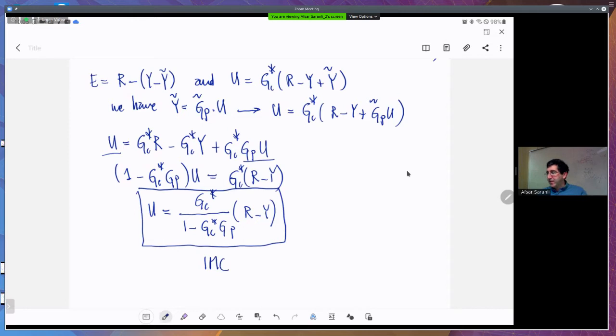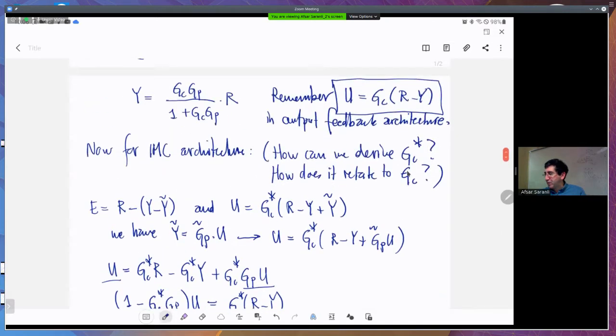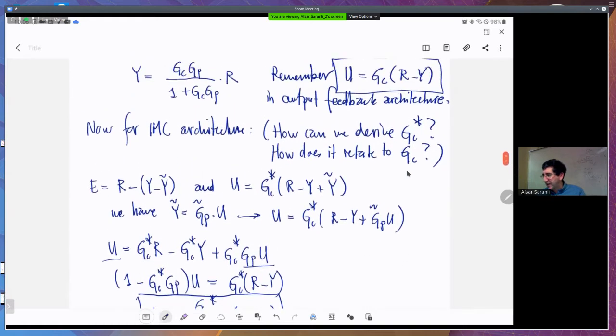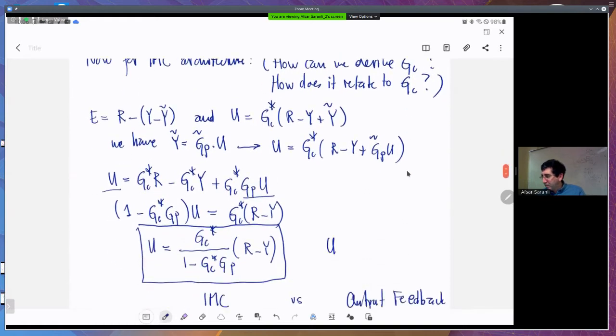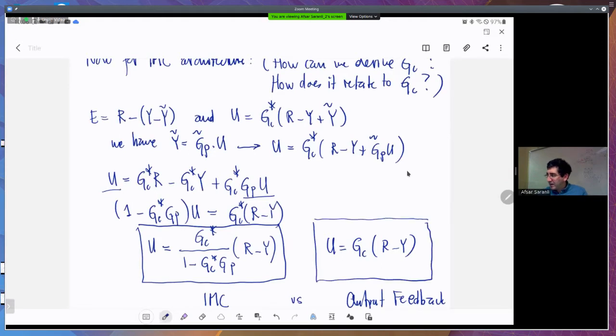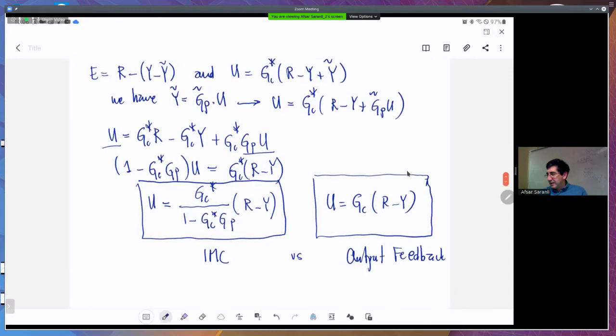Okay, so if you remember what we derived for the output feedback, we had actually u being equal to gc times r minus y. Okay, so we have the same r minus y difference, but here we have a function of gc star, and over here we have a gc.